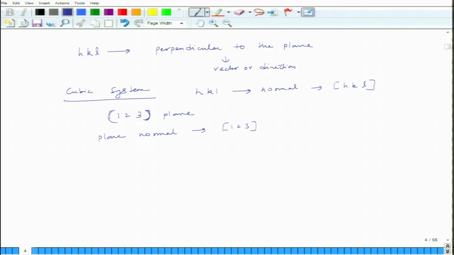In case of other systems, it may apply to certain planes, it may not apply to certain planes. For example, in case of tetragonal, you can see that the 1, 0, 0 plane and the 1, 0, 0 direction are perpendicular. Okay.